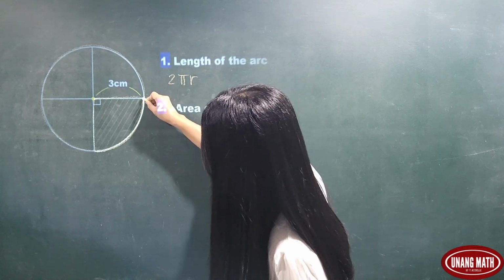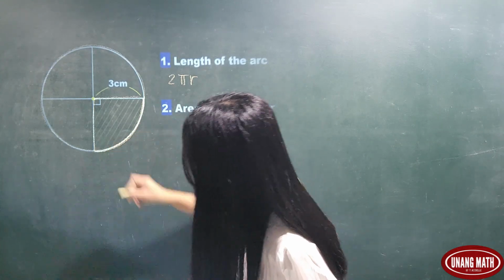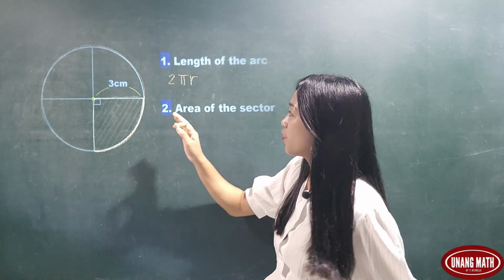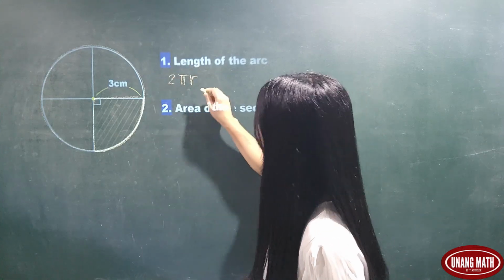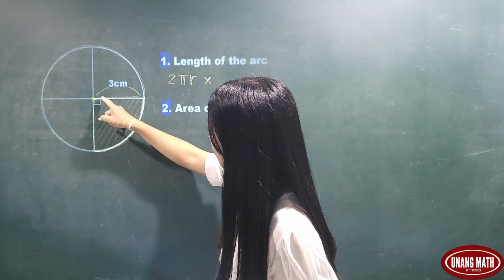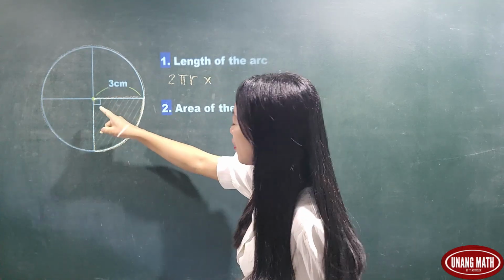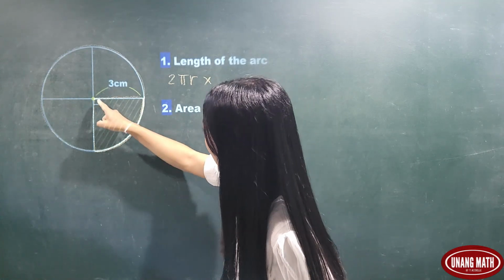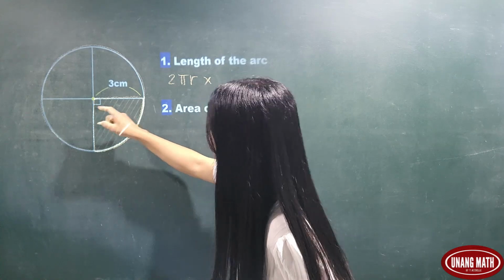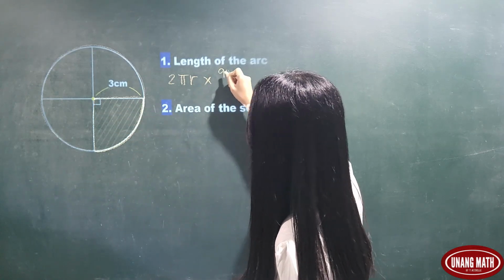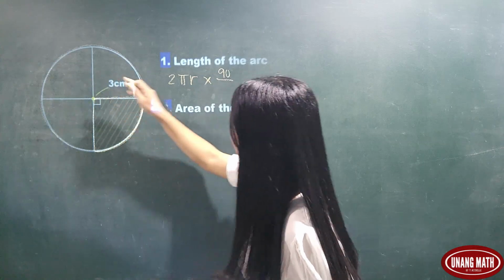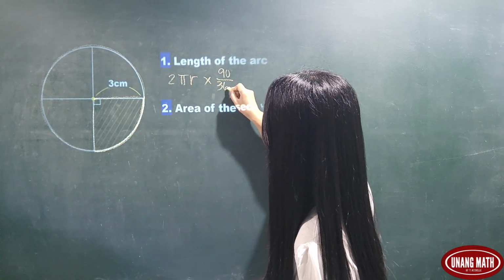And since we are just looking for the length of this arc, we need to multiply the whole by the ratio of the central angle to the whole. The ratio of the central angle to the whole is, this is a right angle, so this is 90 over the whole, which is 360.